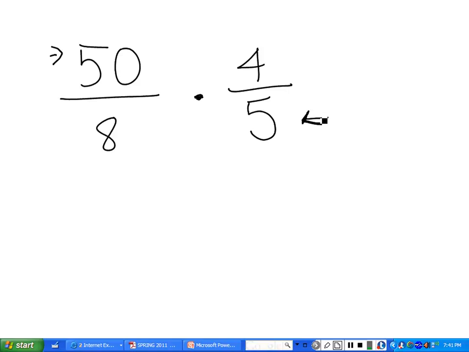So you can avoid simplifying in most cases at the end if you just reduce right from the beginning. And we call this cross cancellation.